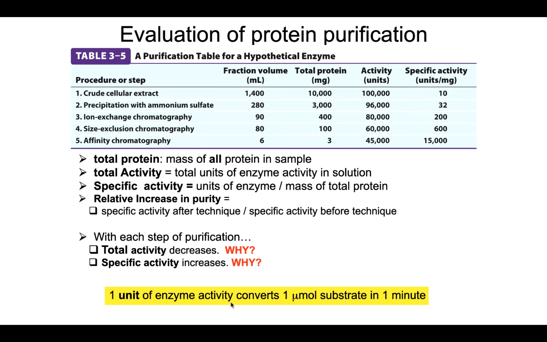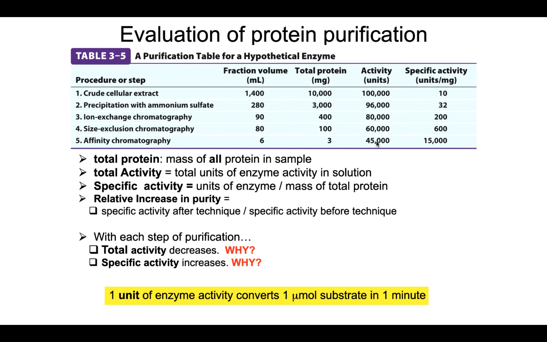A unit of enzyme activity converts 1 micromolar of substrate in 1 minute. And so we take each one of these fractions, and we run this enzyme assay, and we see how many units of activity we are seeing. Each one of these steps shows us how much of our protein we have.